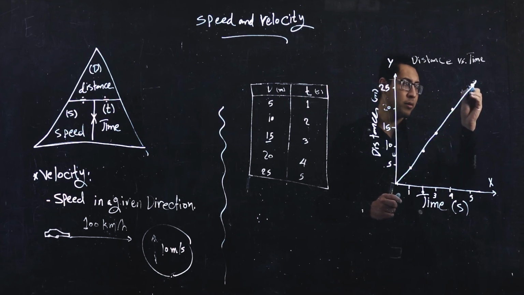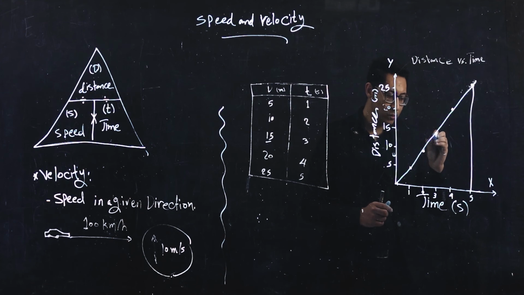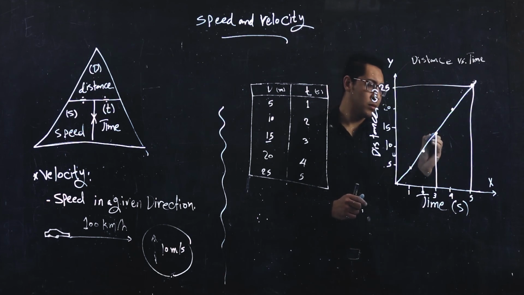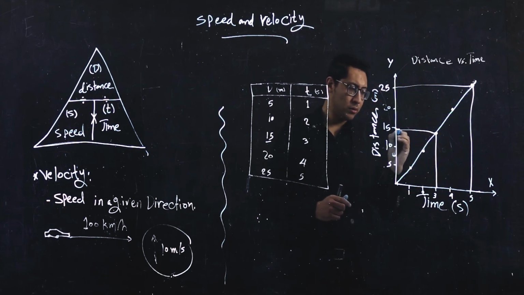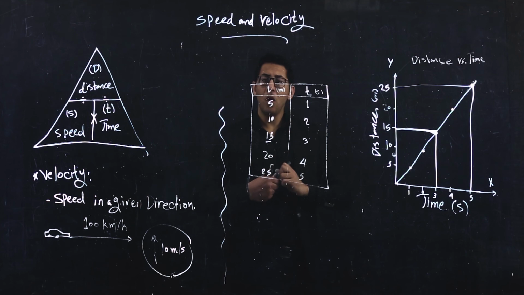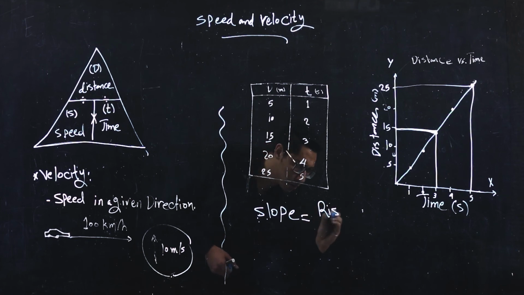And you will connect a vertical line and a horizontal line. Slope equals rise divided by run.